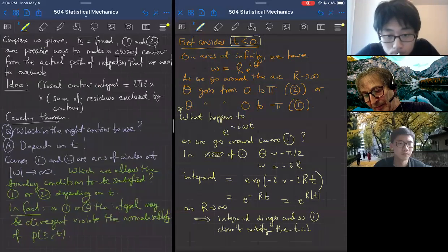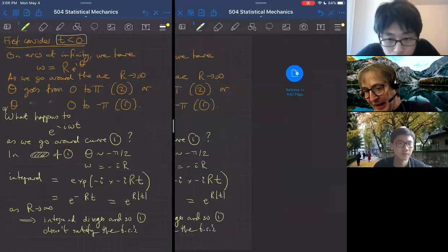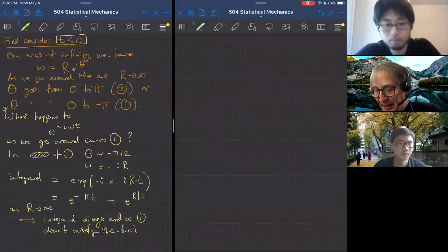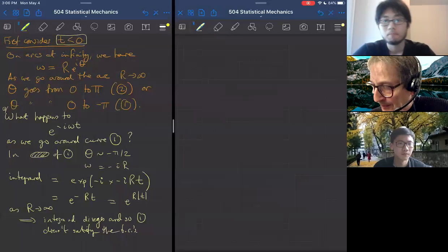Okay, so good. So let's see now what happens when we look at contour number 2.